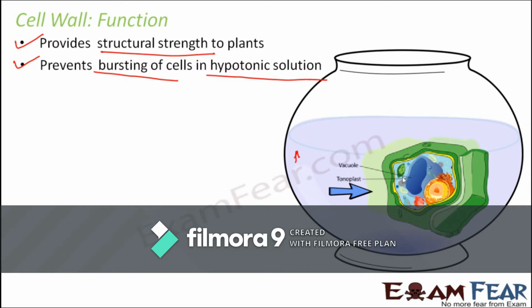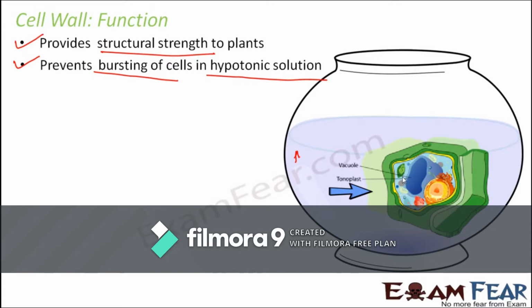As a result, if the cell swells too much, it can break. If there is no cell wall, it can break, because the cell membrane is anyway thin and flexible. But in plant cells, since they have an additional rigid cell wall, the cells do not burst easily even when present in a hypotonic solution.